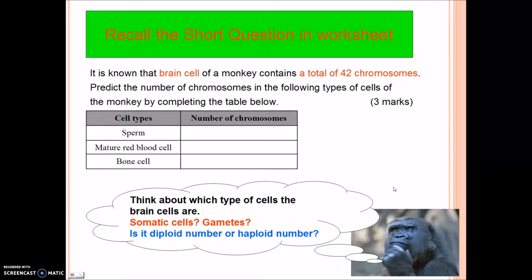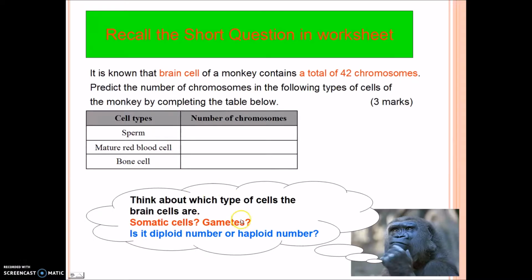After question 1, here is a question to remind you all. That's one of the questions in our worksheet. The question will be like that: you will be given the brain cell of a monkey, maybe containing 42 chromosomes, and then you need to tell me the number of chromosomes in the sperm cells, in the mature red blood cell, and the bone cells, something like that.